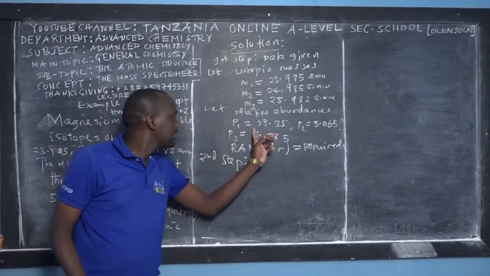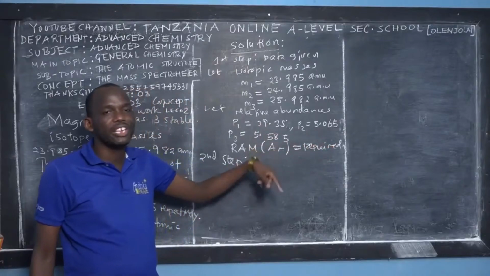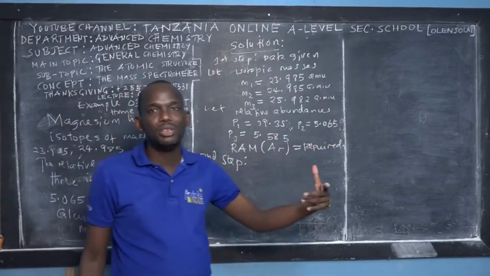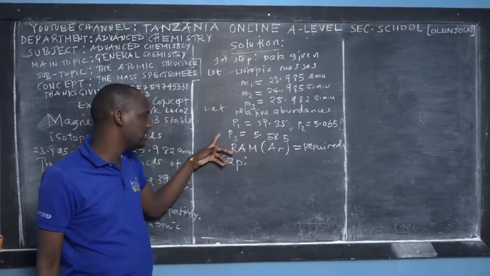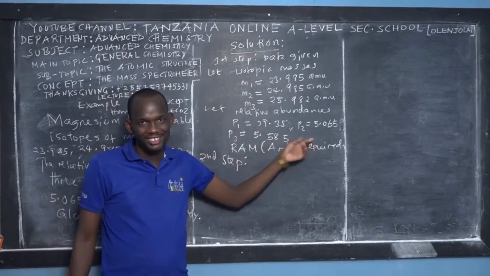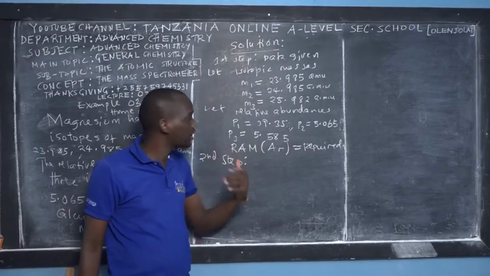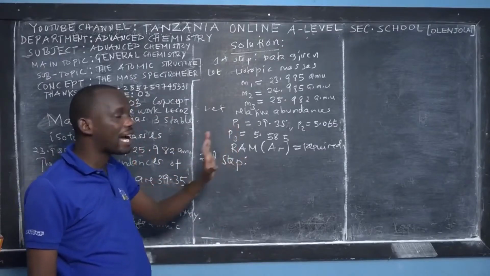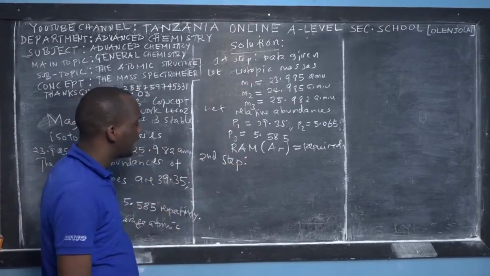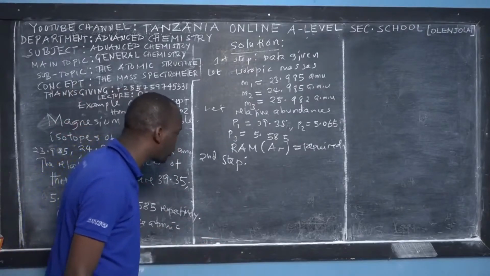If you add the relative abundances, you won't get 100, so these are intensities, not relative abundances. It's a little bit tricky. If you divide by 100, you'll be completely wrong, and possibly most of you made that mistake. That's why I have to do the correction.